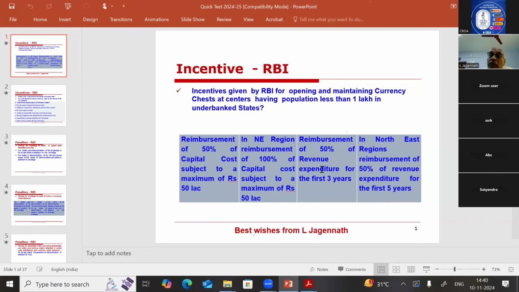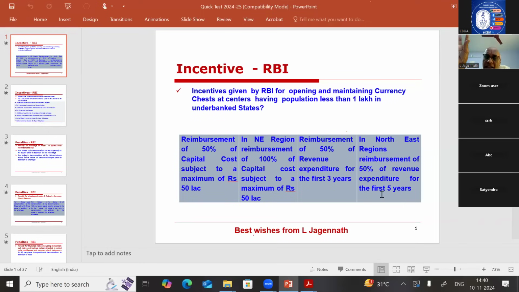Suppose for the revenue expenditure, if it is other than northeastern region, reimbursement of 50% of the revenue expenditure for the first 3 years. If it is northeastern region, reimbursement of 50% of the revenue expenditure for the first 5 years. Underbanked states, population less than 1 lakh, other than northeastern region: capital expenditure 50% subject to a maximum of 50 lakhs; northeastern region 100% capital expenditure subject to a maximum of 50 lakhs.